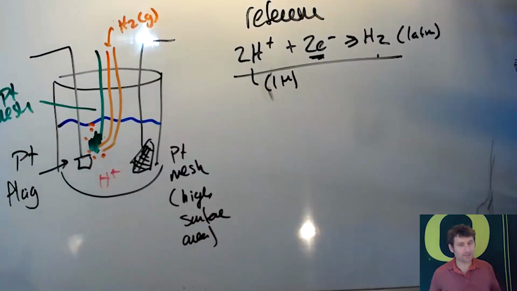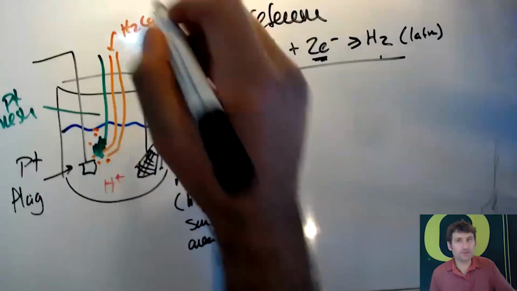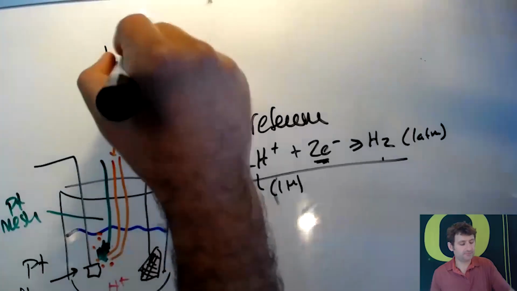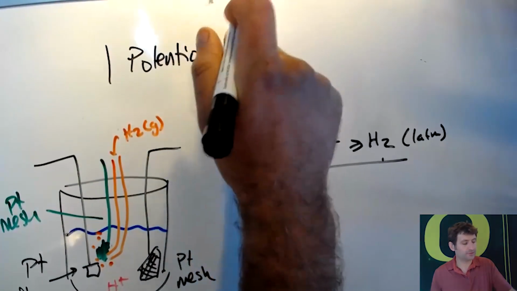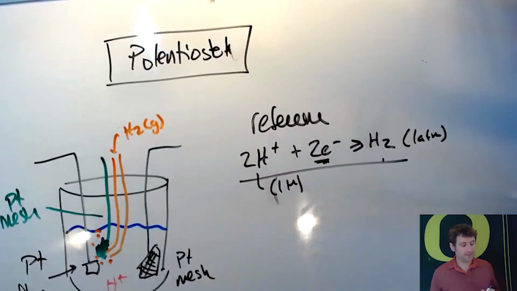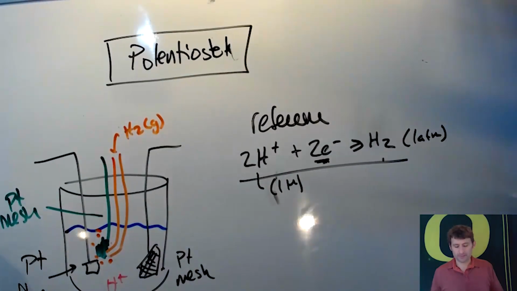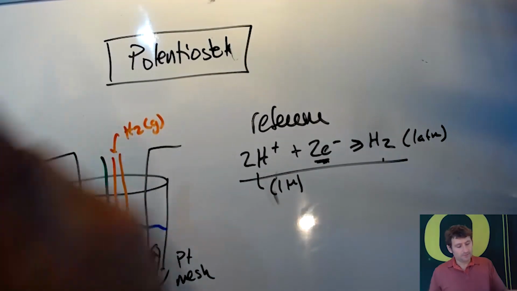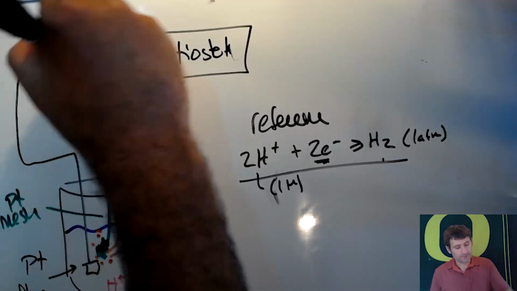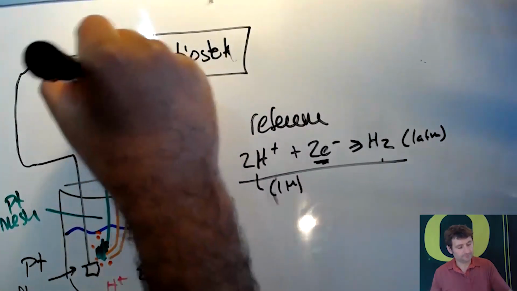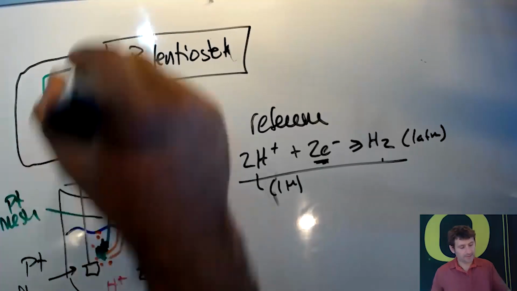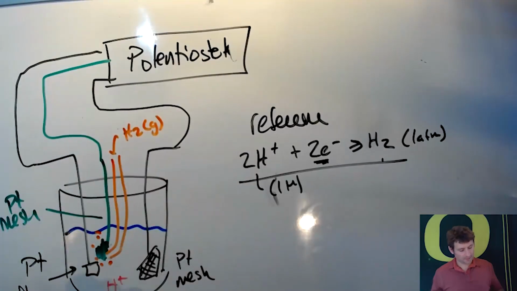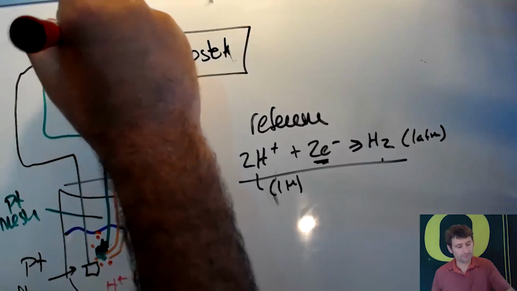Okay, and then we have our 2 platinums, and we're going to hook this up to what's known as a potentiostat, which is used to control 3-electrode electrochemical devices. And we'll talk about how those work in a moment. And we're going to hook those up there, okay? We're going to call this platinum flag the working electrode.